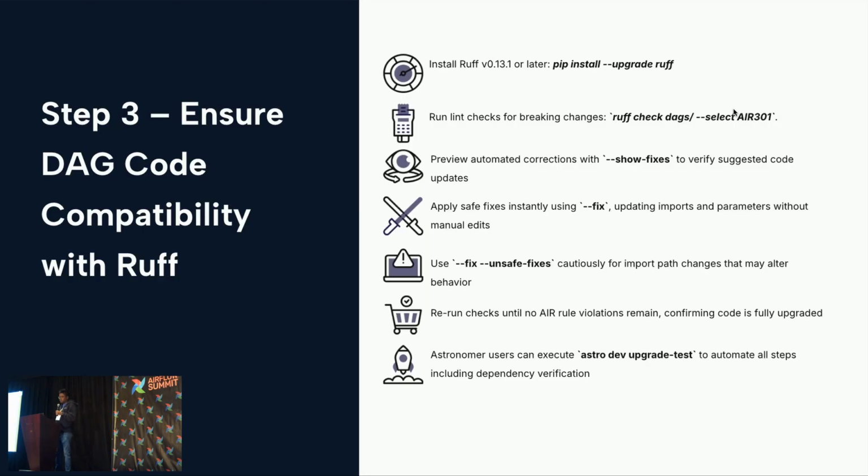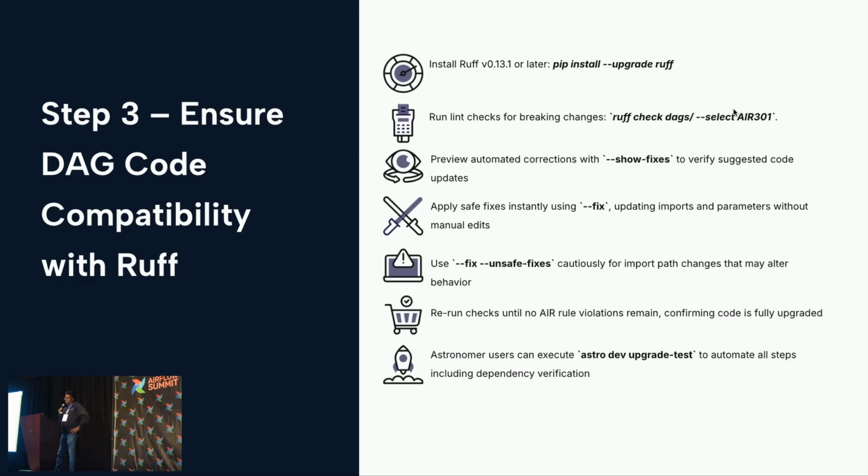Now, moving on to the third step. In Airflow 3, as you know, there are several deprecated parameters and import paths, right? That means you might need to remove or refactor your DAG code to make it compatible with Airflow 3.